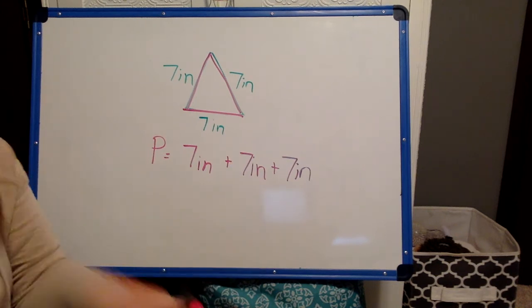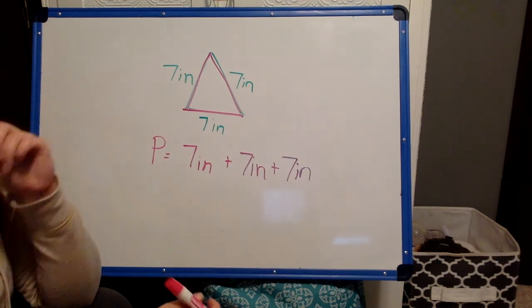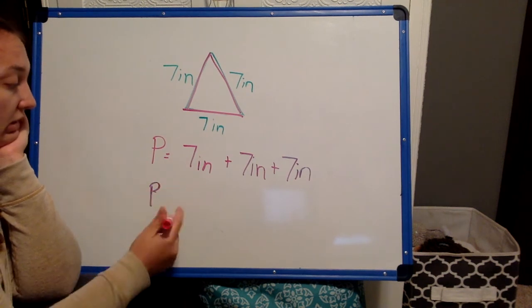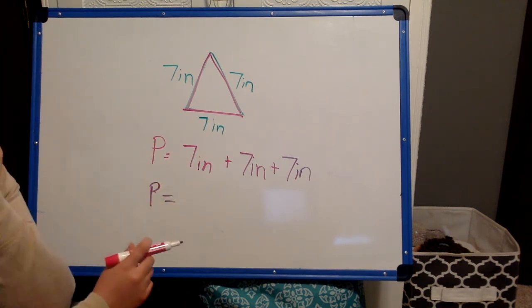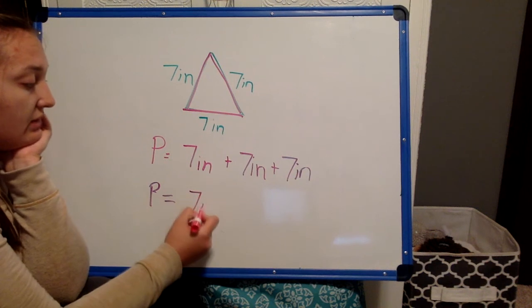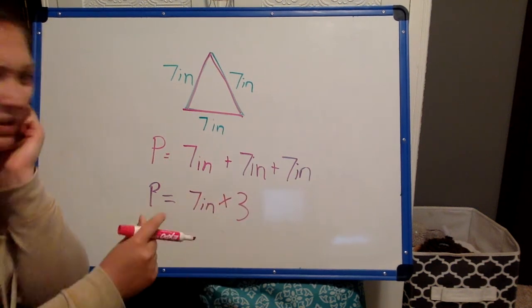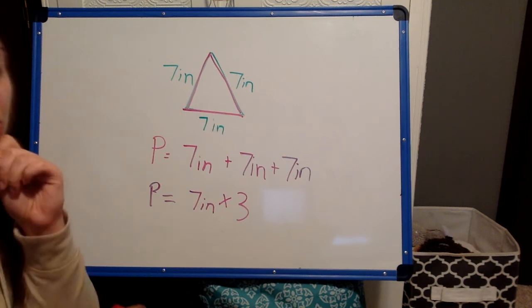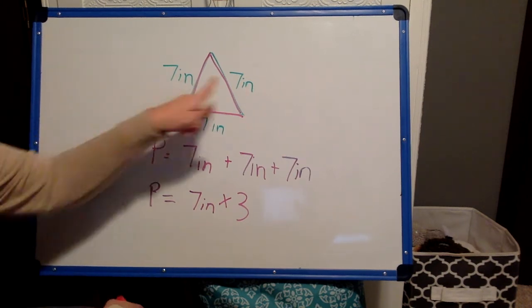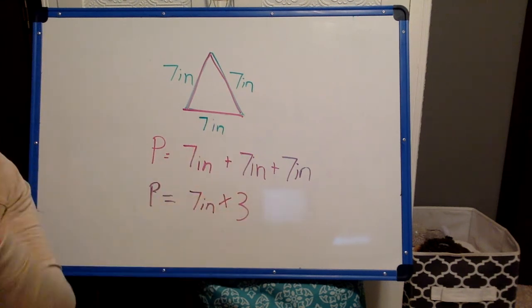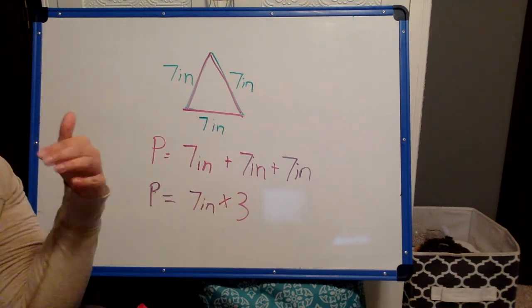But we also know we can use a different strategy. We could say P, or P stands for perimeter, equals 7 inches times 3. Why would we say times 3? Because all three sides are 7. So instead of saying 7 plus 7 plus 7, we know multiplication is repeated addition.